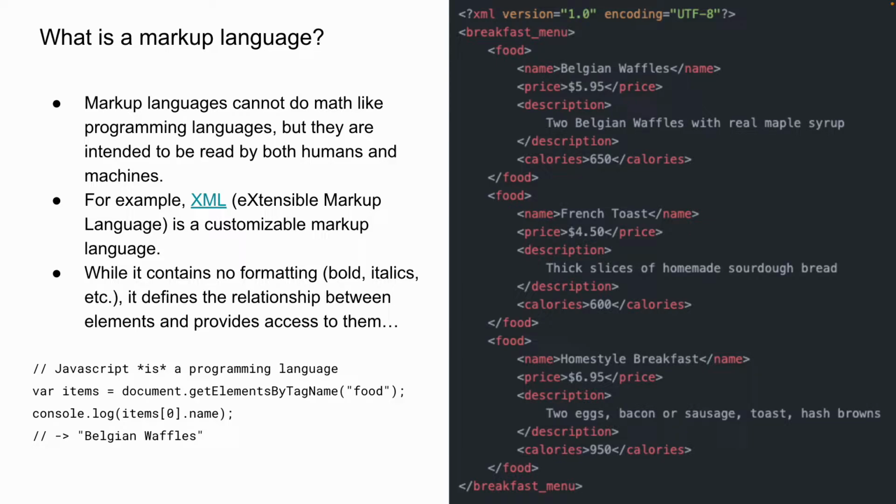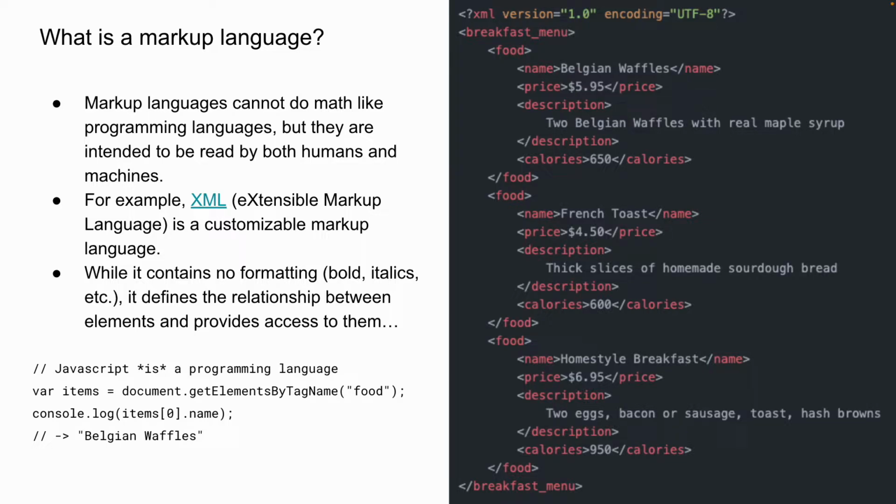So XML stands for Extensible Markup Language. It's a customizable language, so it doesn't contain any formatting by default. There's no bold, there's nothing like that. But it does define the relationships between all the text. As an example here, I have untested code that I think is probably right. On the left, you can see it says document.getElementsByTagName, and it gives you the tag food.